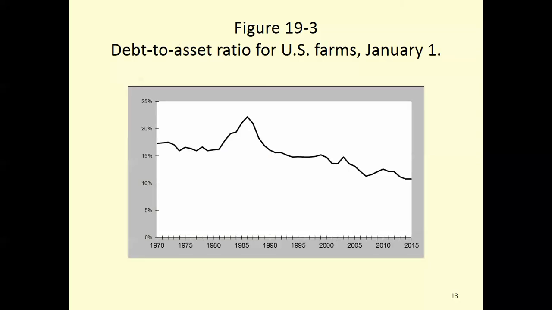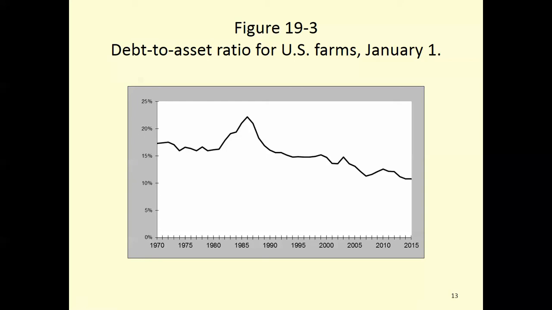Debt. This is really interesting. I talked a little bit ago about how the debt for the average farm has decreased, and this is true. It's very interesting. Look at the debt to asset ratio for U.S. farms on January 1st of every year. You're looking at the balance sheet, which you remember from Farm Business Management.